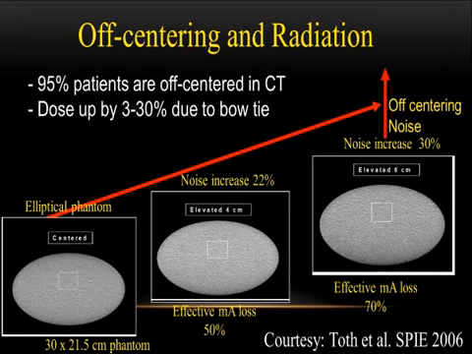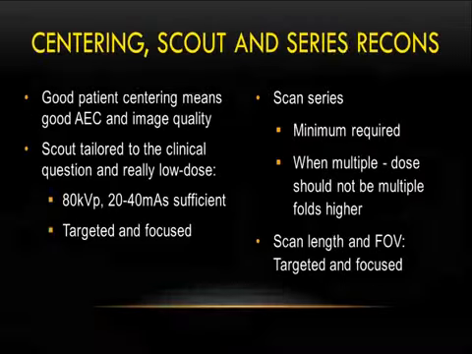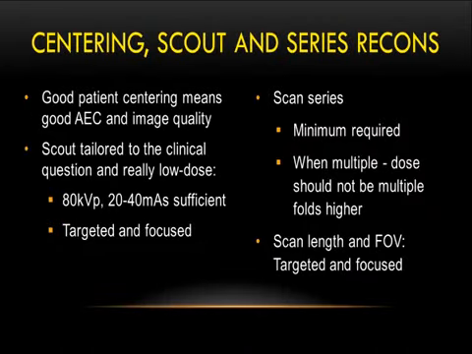All he did was take a water phantom, elevate it, and actually measure the dose. That's because you are no longer in the sweet spot of your bow tie filter, and obviously you're not applying the right corrections because of that. So good centering means good automatic exposure control and image quality.